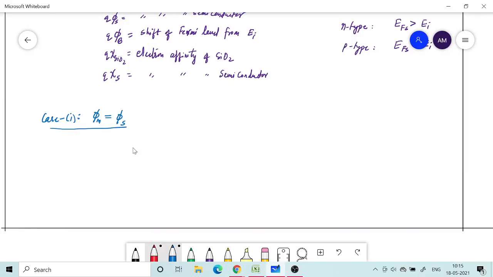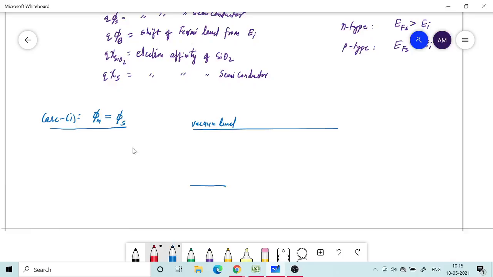So let me do that. Again I am drawing the vacuum level. That is something like a reference, and then I have my metal region.